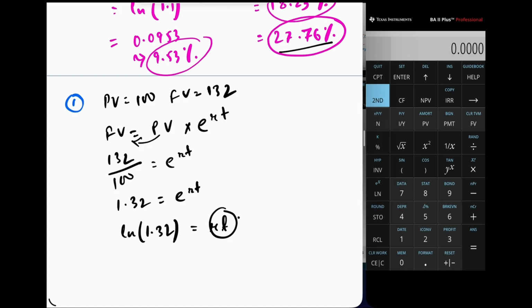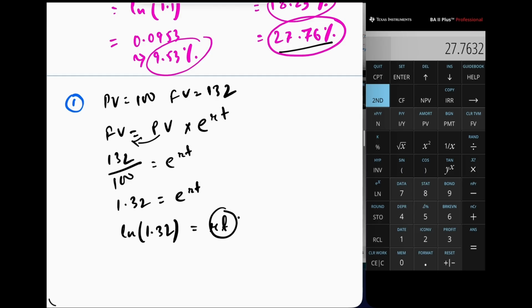Hope you remember. So ln 1.32, times 100, since I want to convert into percentage. This value is coming out to be 27.76, which is exactly this. So that way I have validated it, or you can validate in another way as well.